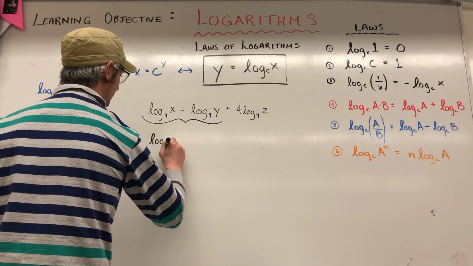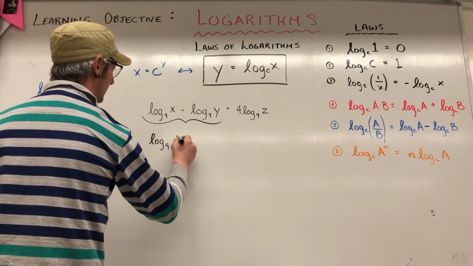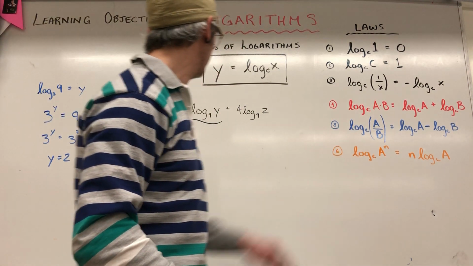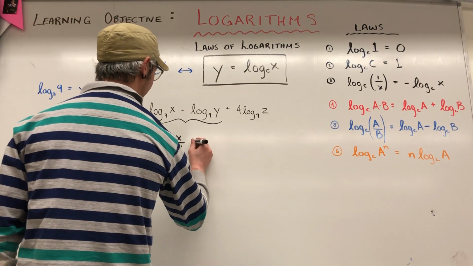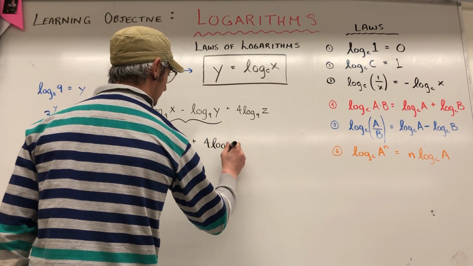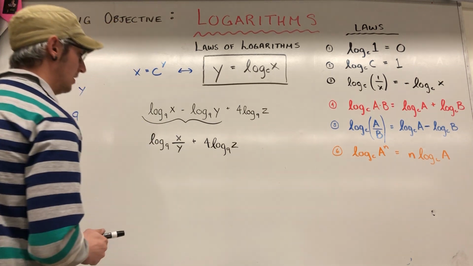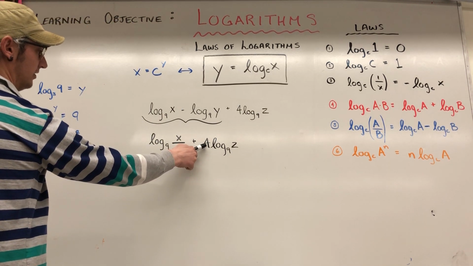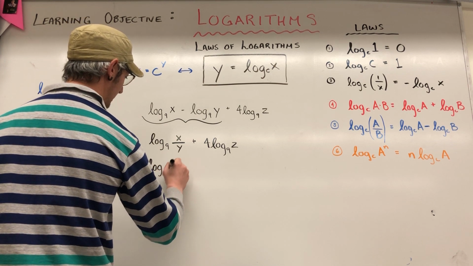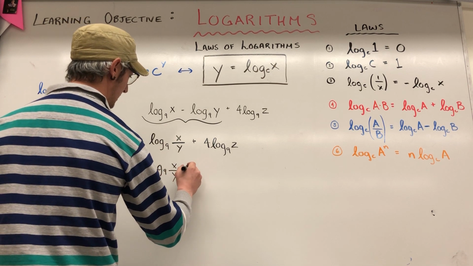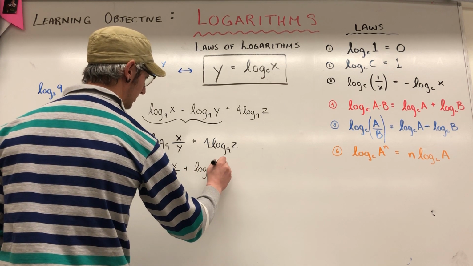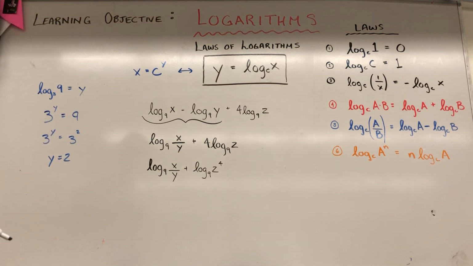Log base 9 of x over y, just using this rule here. But then I have plus 4 log base 9 of z. I've got to get rid of this 4 in the front so that I can do stuff. So I have log base 9 of x over y plus log base 9 of z to the power of 4.